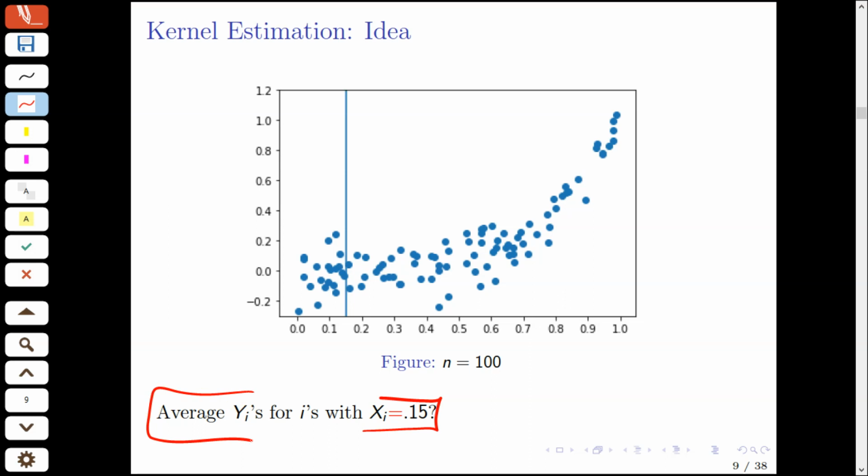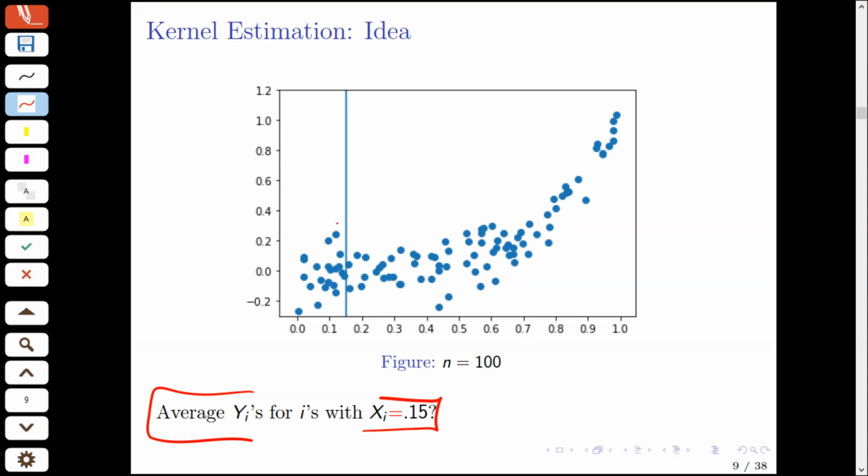While this idea, based on the analogy principle, seems intuitively to be a good idea, if we were to zoom in on this picture, it would become apparent that at point 0.15, there are actually no observations. So if we try to construct this average, we would run into trouble immediately.